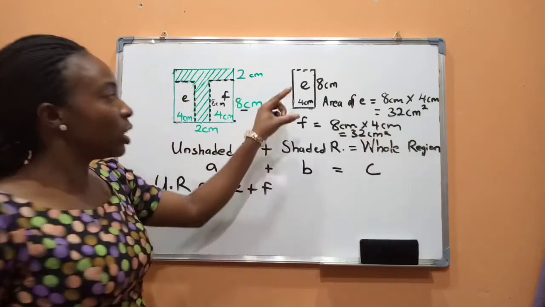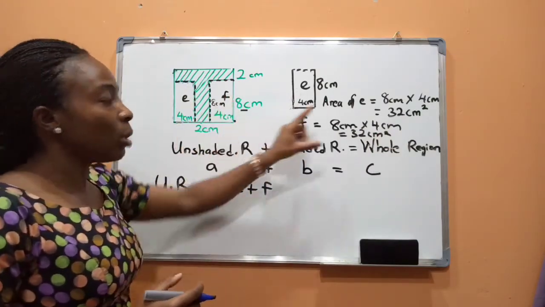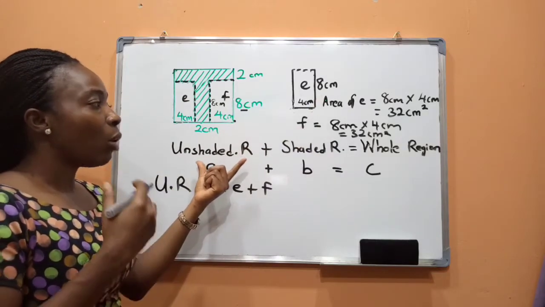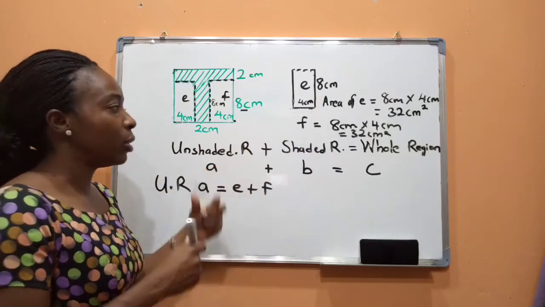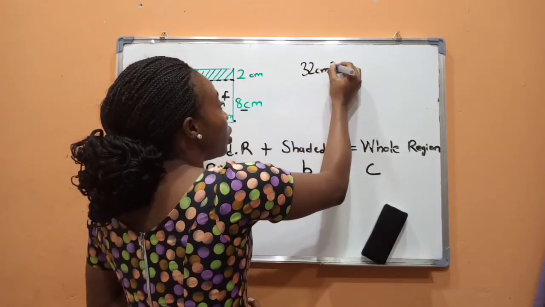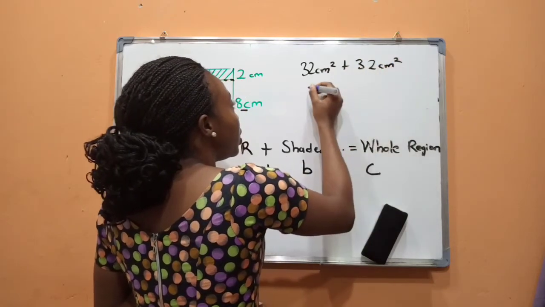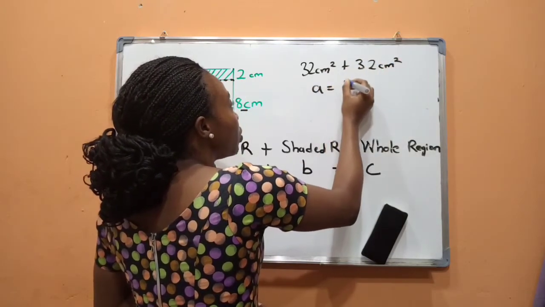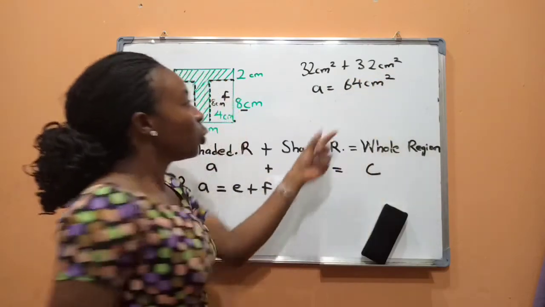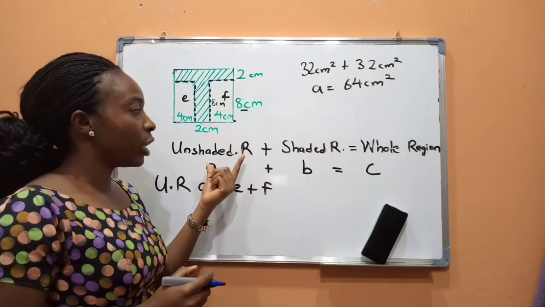So now we've gotten E and F. Remember, E and F, summing them up makes up the unshaded region. So our unshaded region will now be 32 centimeters square plus 32 centimeters square, which is going to give us A equals 64 centimeters square. So we've succeeded in finding the area of the unshaded part.